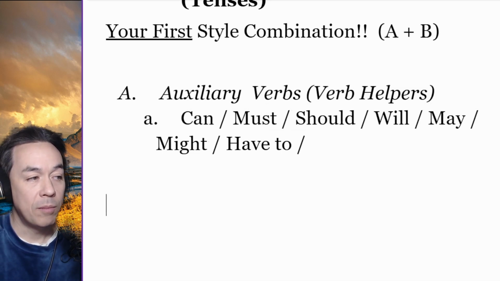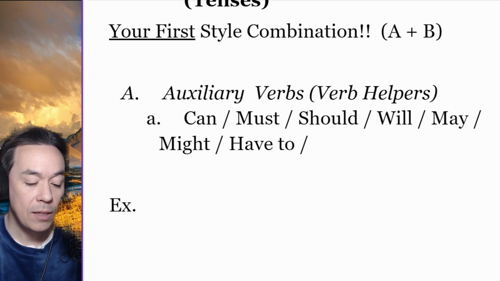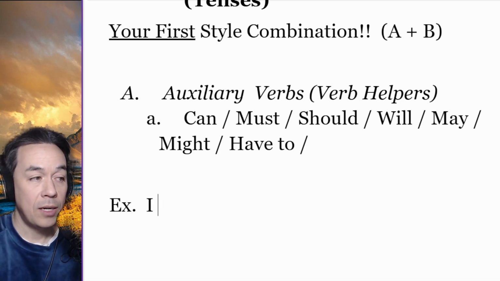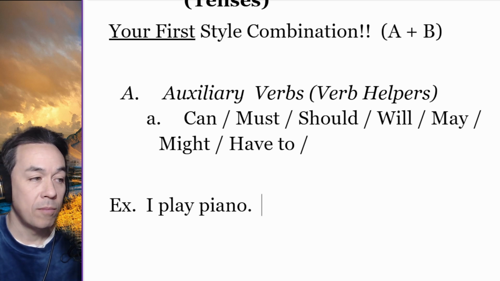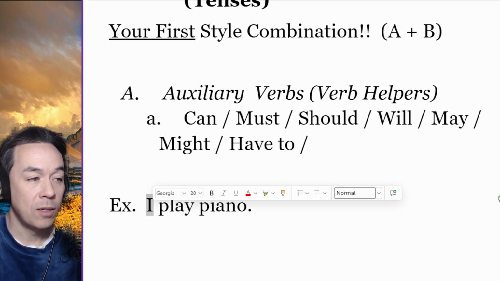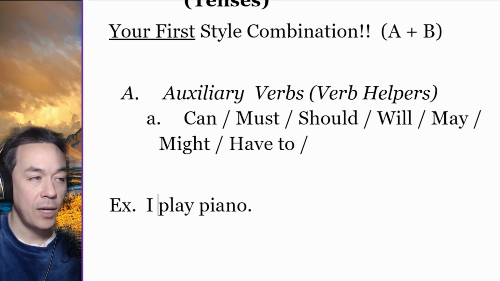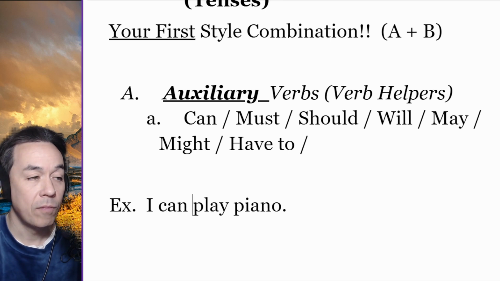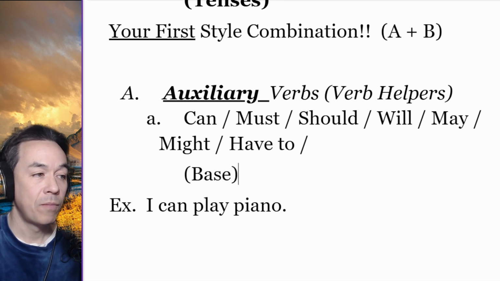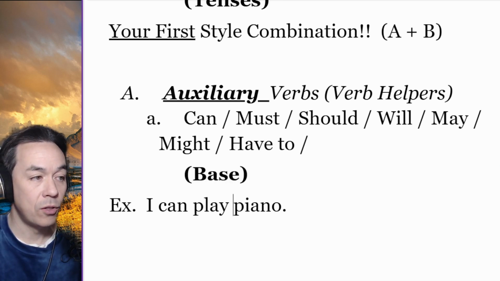So what we have to remember is that if you say, I play piano, right? That's just the most simple version. One verb, one subject, and one object here. But if you attach an auxiliary verb, a verb helper, we say, I can play piano, then this always returns to the base version of the verb.